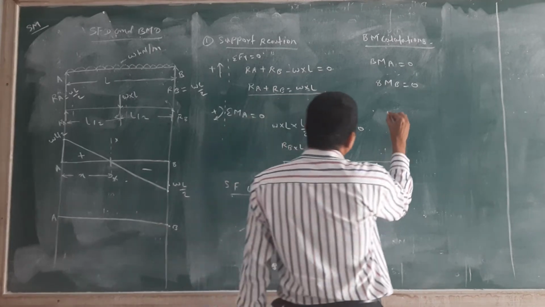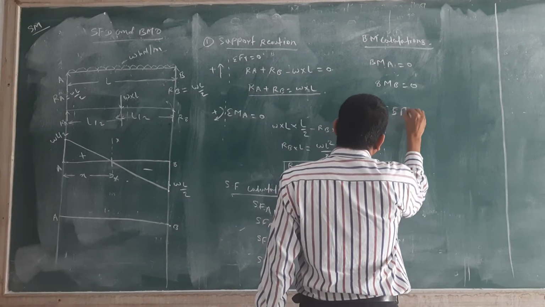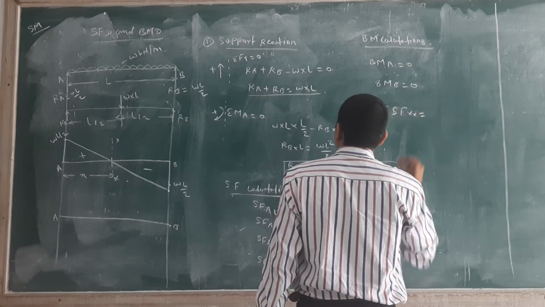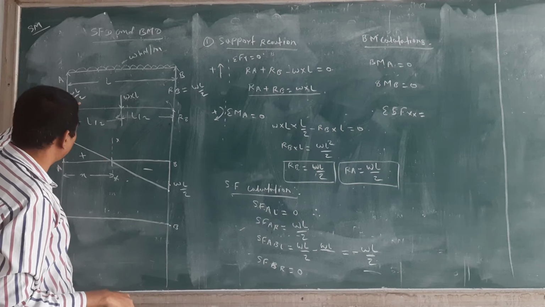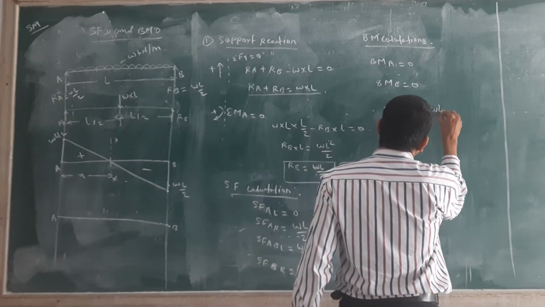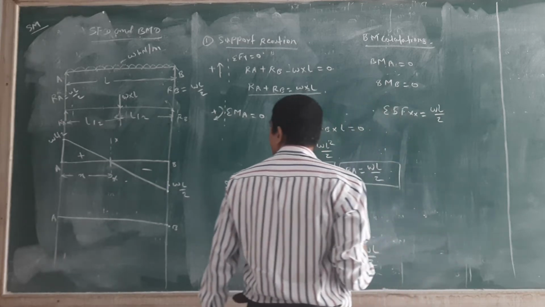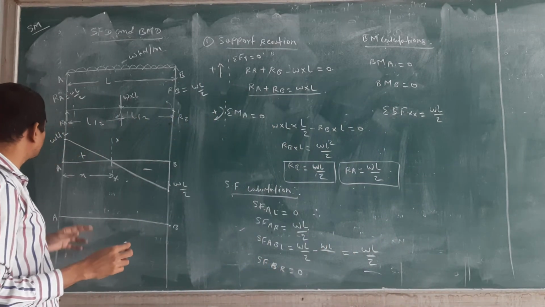I will write here: summation of Fy, SF at section XX, is equal to, check that, there is a vertical load WL by 2. Only consider the loads; don't consider the moment when you find the SF. WL by 2. Then is there any other load?